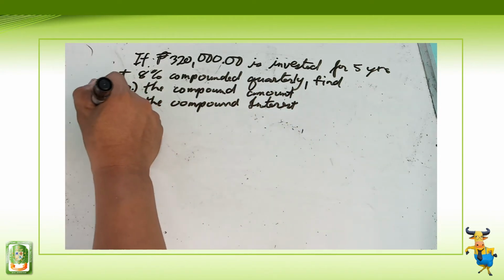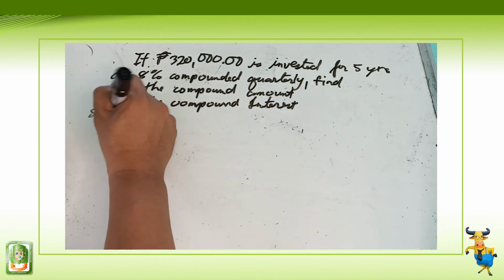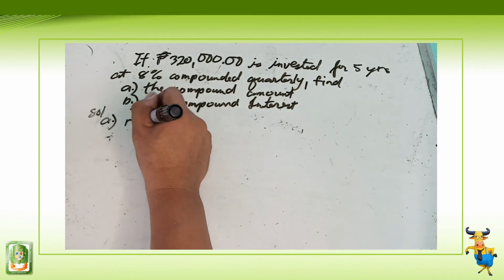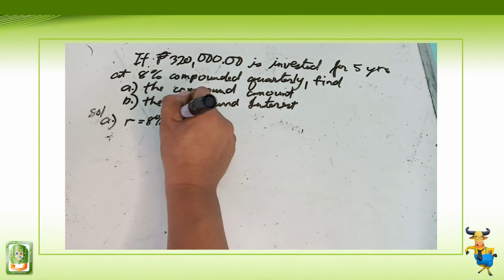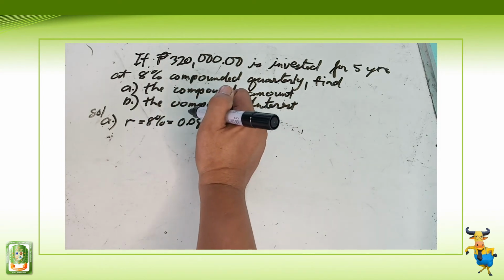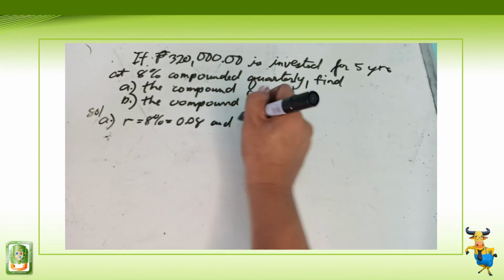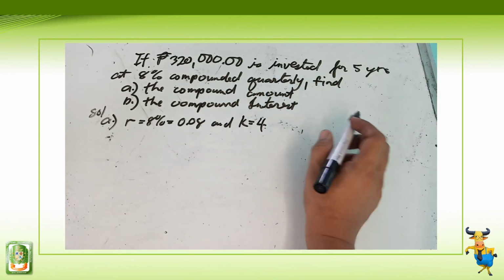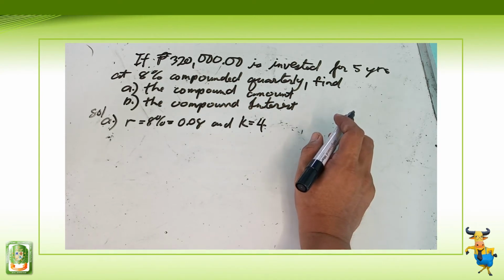So, sa letter A solution, meron tayong rate na ilan? 8% or 0.08. And the number of compounding periods per year is 4. Okay?